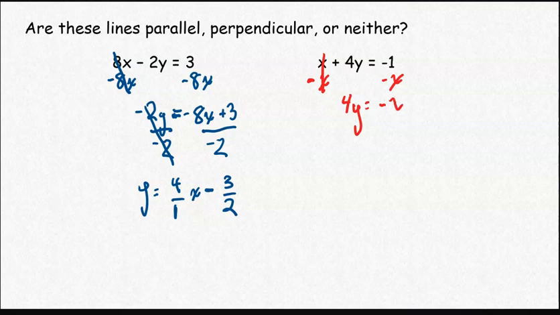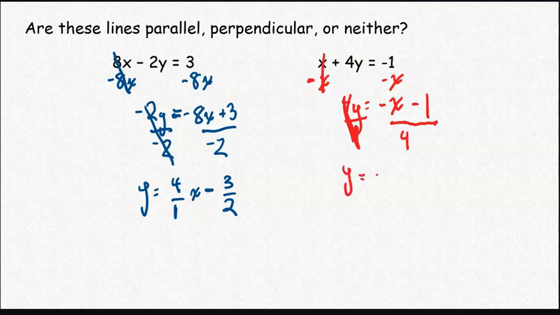That's going to give me x minus 1, or negative x minus 1. Now, technically that's a negative 1x, and that's important to recognize because when I divide by 4 here, there's a 1 in front of that x.